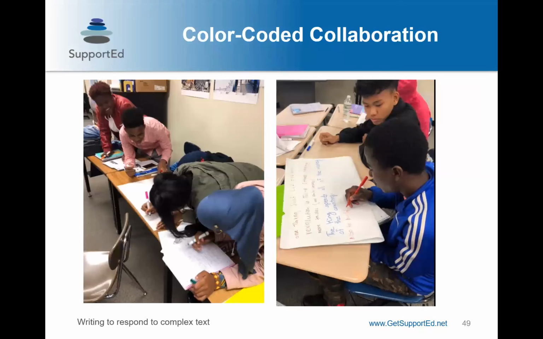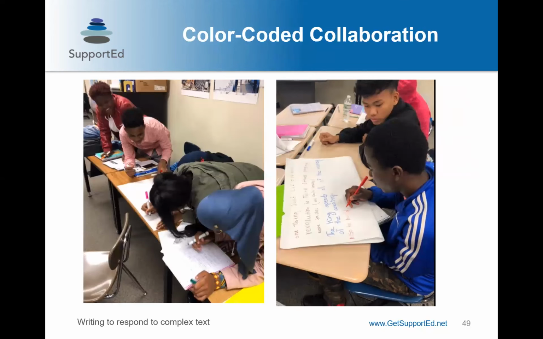Here, each student is responsible for a different component of a larger paragraph. We would have one student write the claim, maybe two students come up with evidence to support the claim, one person explain that evidence, and perhaps another student offer a conclusion statement.